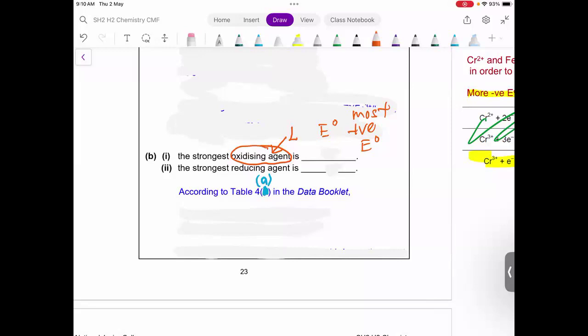If you have your data booklet with you, then you should be looking at table 4A. If not, you can refer to the last 2 pages of the handout. So what is the most positive E naught? Which element? Tell your friend at the very least. See whether you can get the same answer.